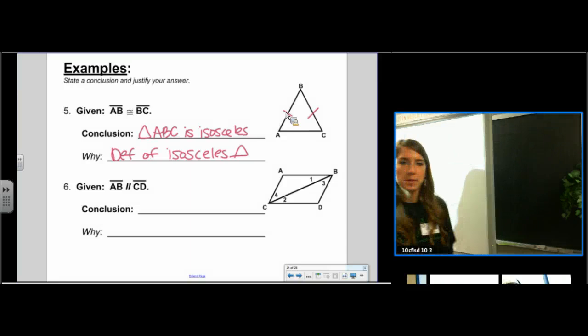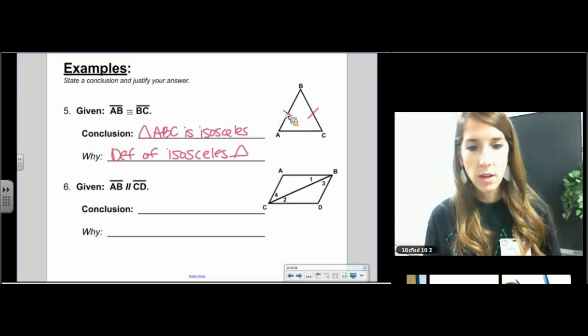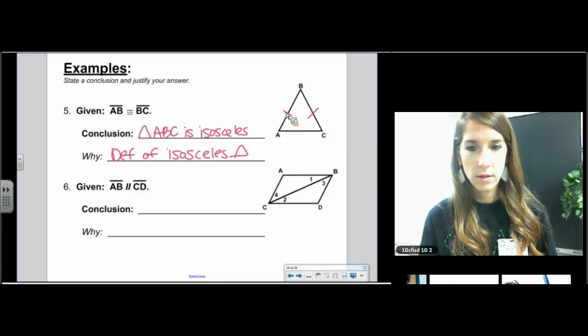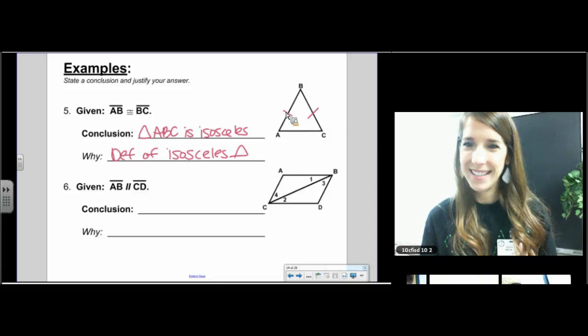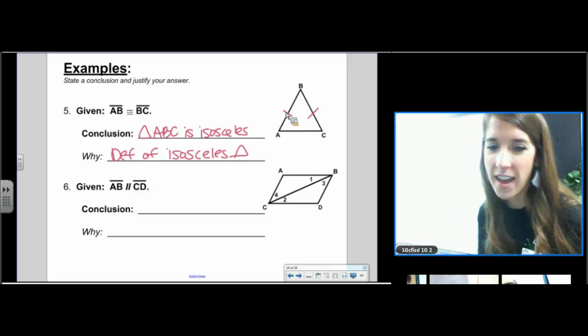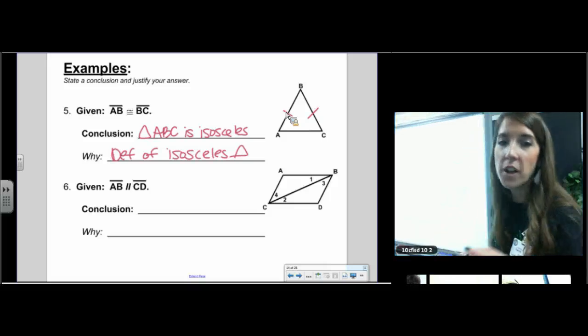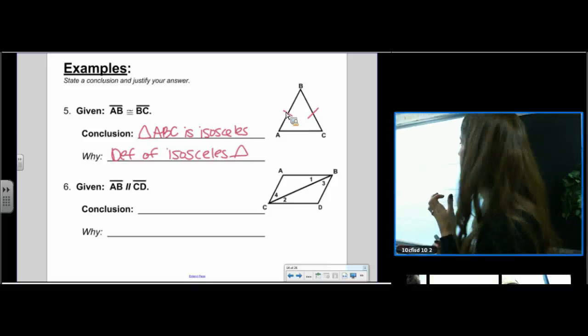What's the other acceptable answer? Do y'all know the other acceptable answer? No, they're already congruent. That's the given. It's given that they're congruent.